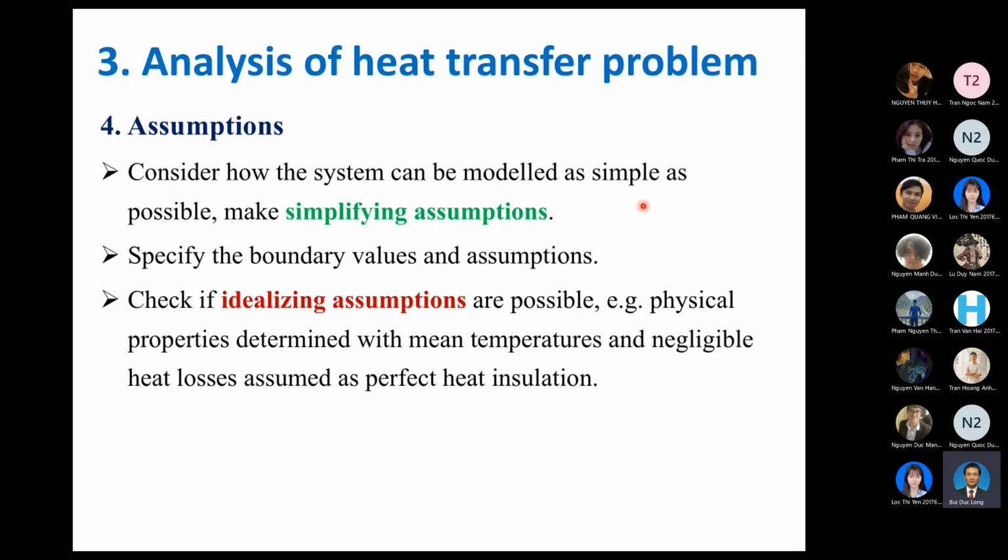So we make the model as simple as possible, and make simplifying assumptions. So we can simplify a complicated problem.